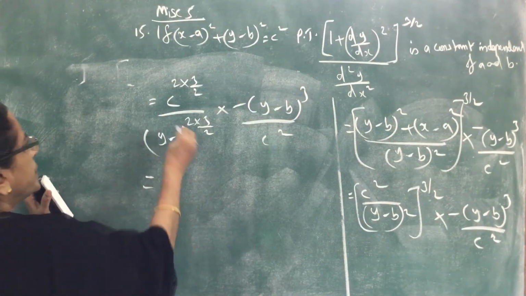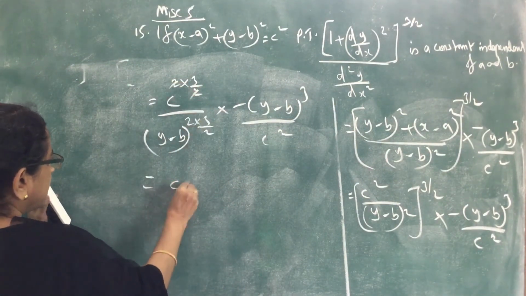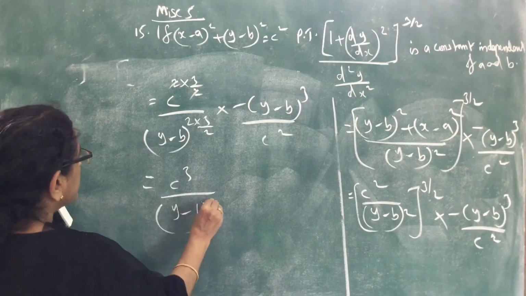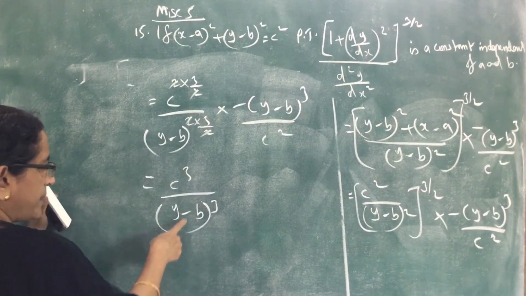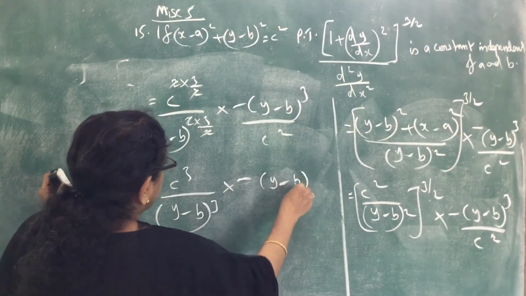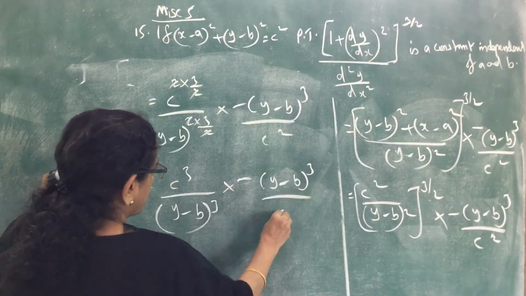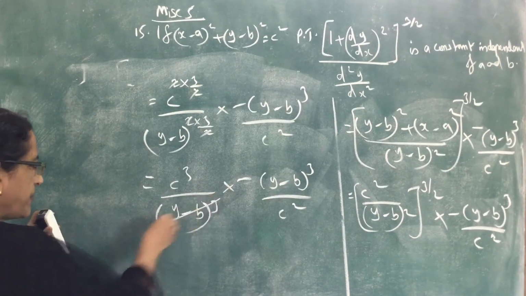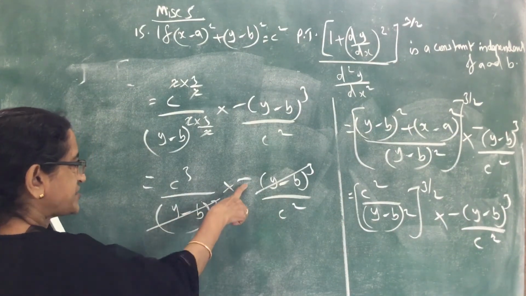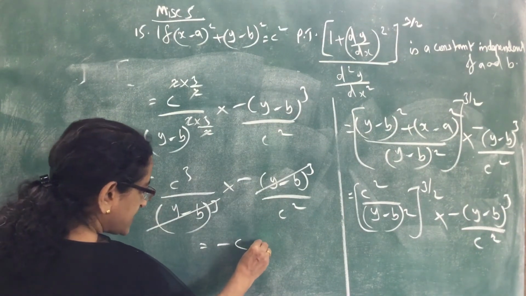Here the 2s cancel, we get c cube divided by (y minus b) whole cube, into negative (y minus b) whole cube divided by c square. So the (y minus b) whole cube cancels, c cube by c square gives c, negative, so minus c, which is a constant.